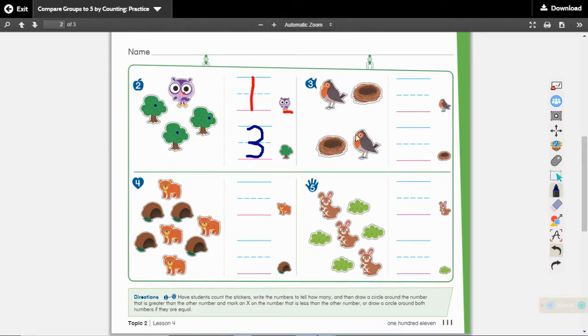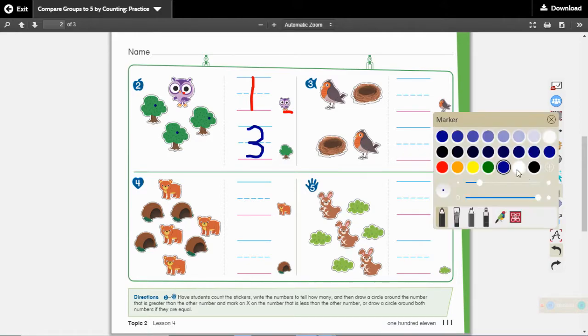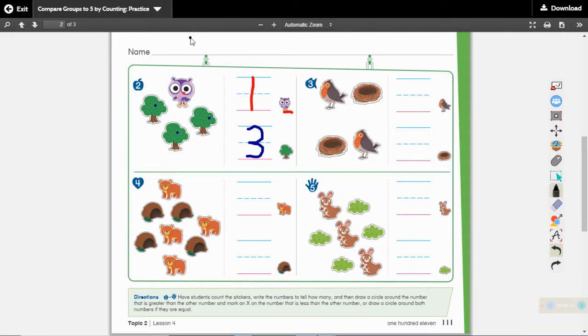That is how we make a 3. Go ahead and make that 3 for me. Now I'm going to make us a number line up here. That way we can use it to compare our numbers.